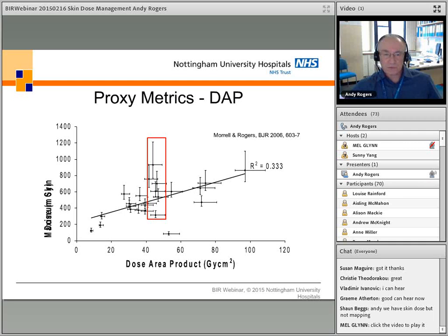In terms of proxy metrics, clearly we've got our dose area product. This is quite old data now, nearly 10 years old.